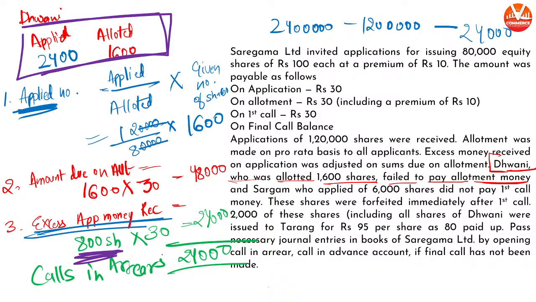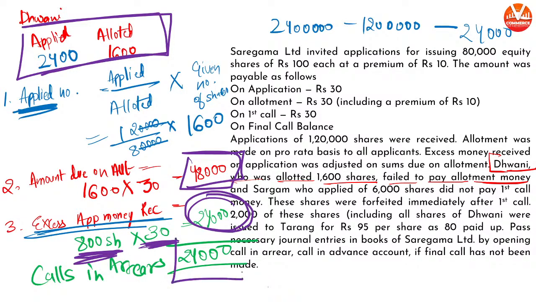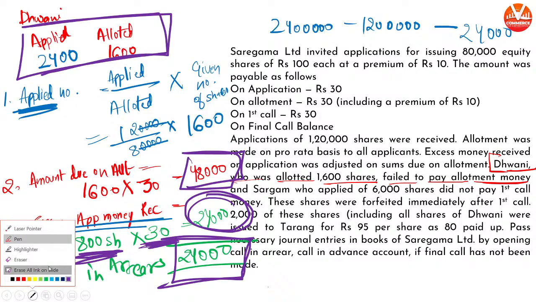On these excess shares, he had paid application money 30 rupees in excess. So this is excess application money received, 24,000. Which means that out of 48,000, we have already received 24,000. So the calls in arrears will be 24,000 at the time of allotment.